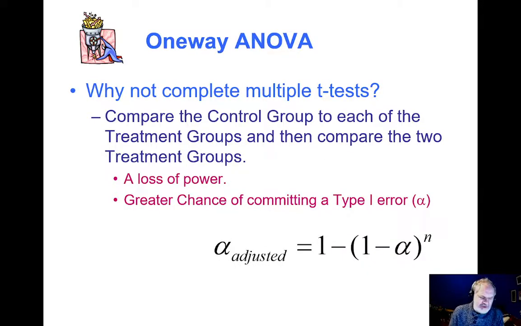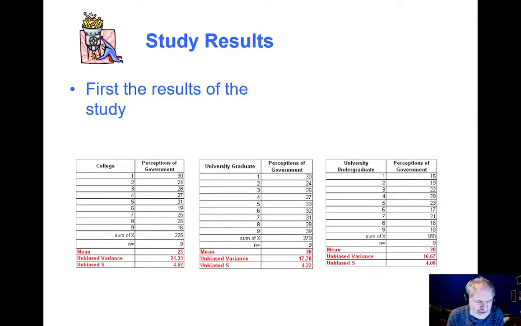Okay, the first thing to address, and this would be one of the first questions, is why wouldn't I just run all pairwise comparisons as t-tests, right? So really what I could do, if I wanted to, is run an independent means t-test to compare the college to the undergrad or grad.